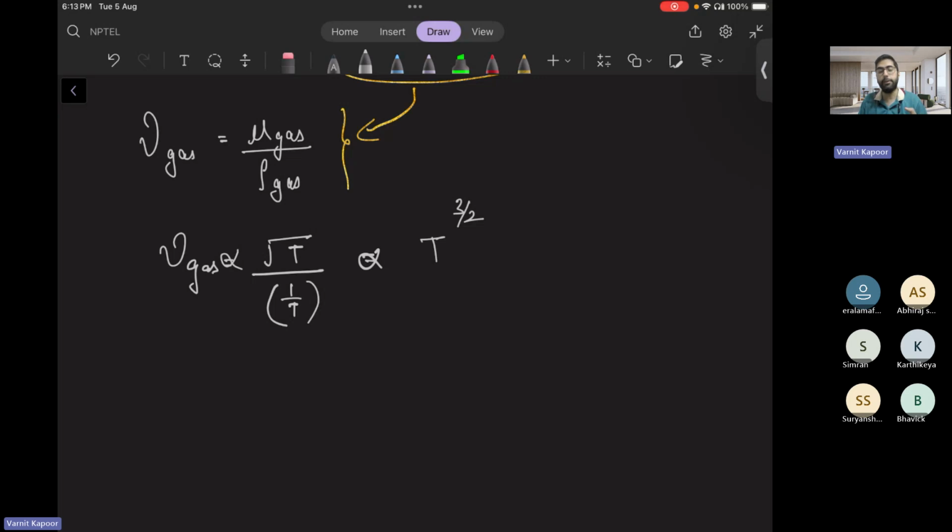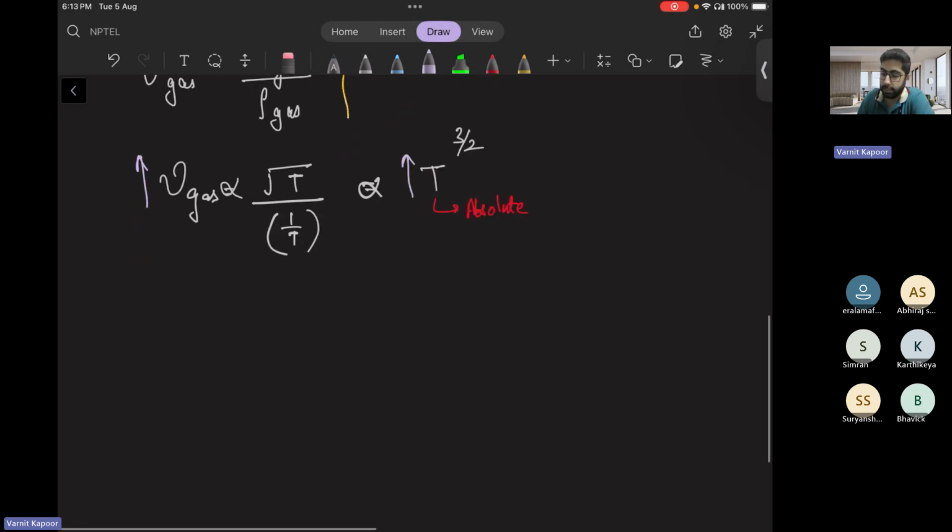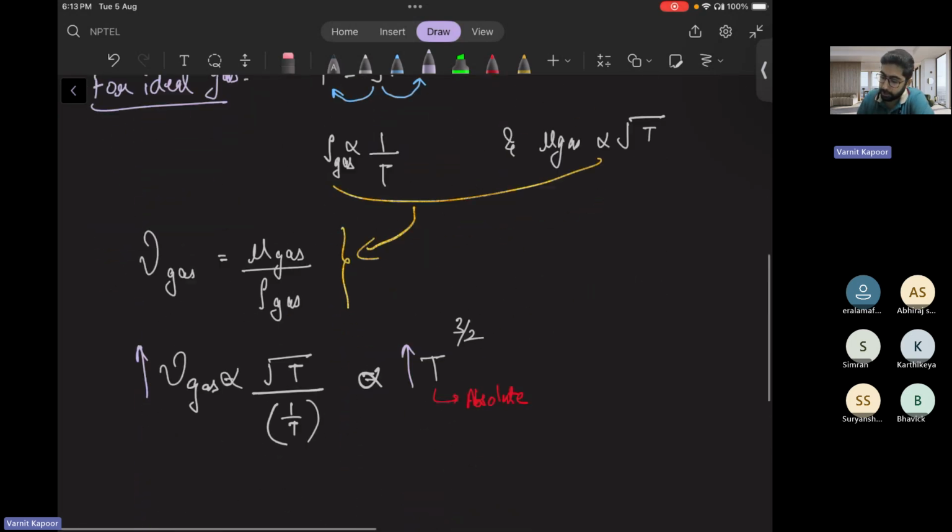So kinematic viscosity of gas is directly proportional to temperature to the power of 3 by 2, and here the temperature is in absolute terms. So with increase in temperature, your kinematic viscosity of gas also increases. Here pressure was kept constant.